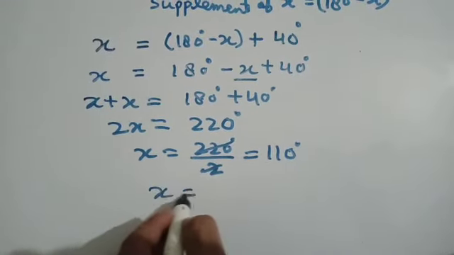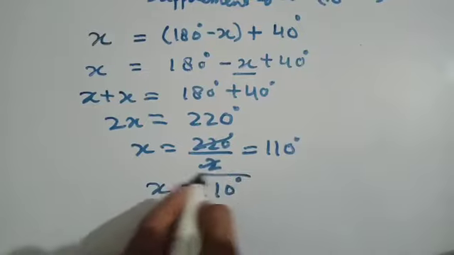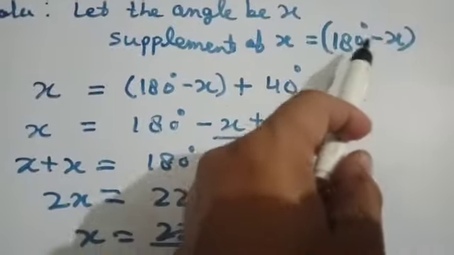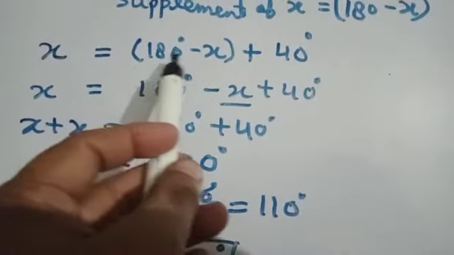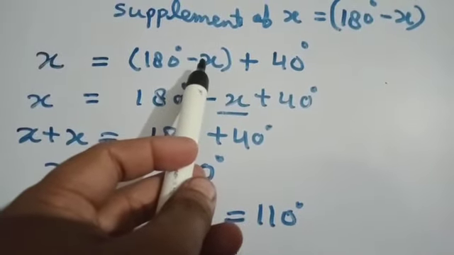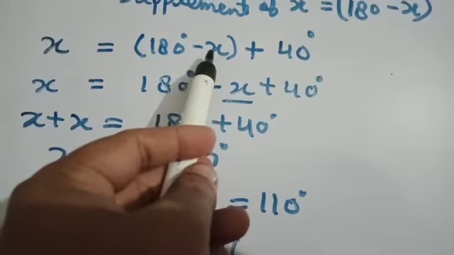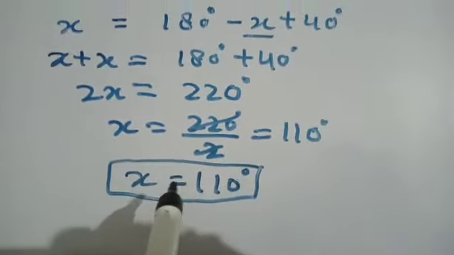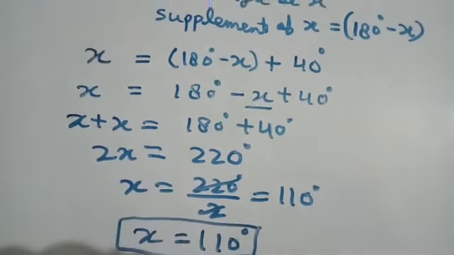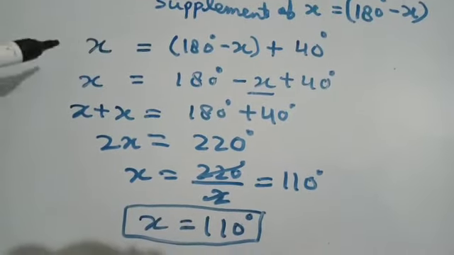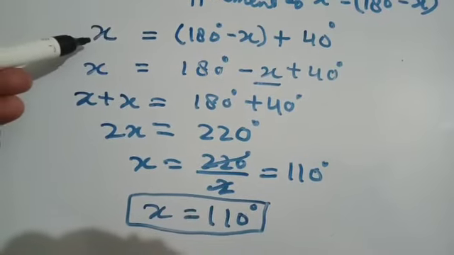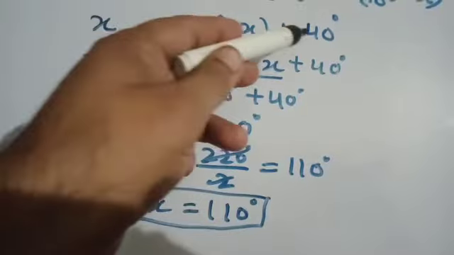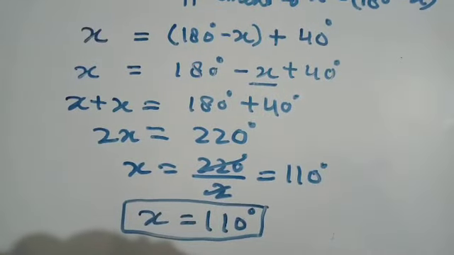So the required angle is 110 degree, and the supplement of 110 is 180 minus 110, that is 70 degree. 70 degree plus 40 degree is again 110 degree. This relation is satisfied if you put this value here. Verify: 110, you got 70 plus 40, again 110.